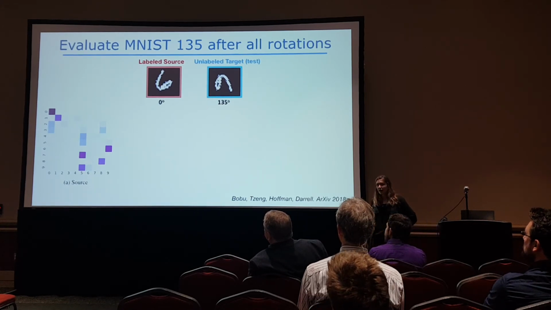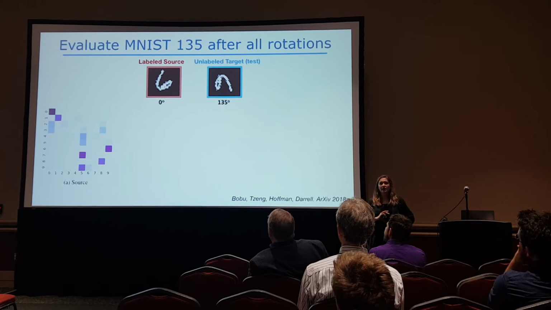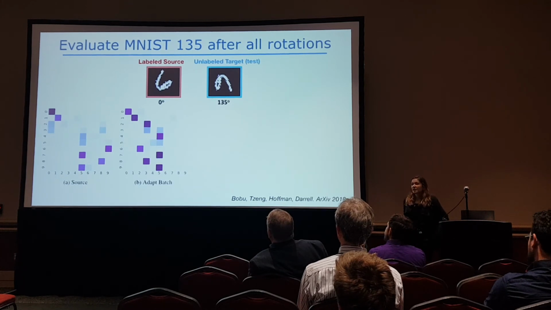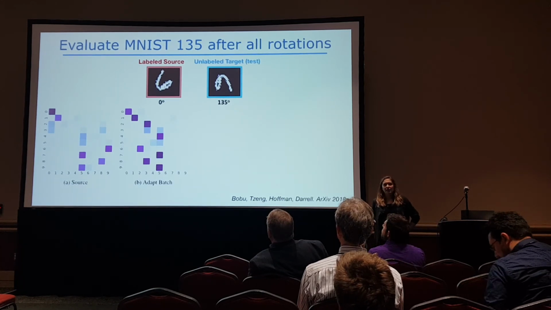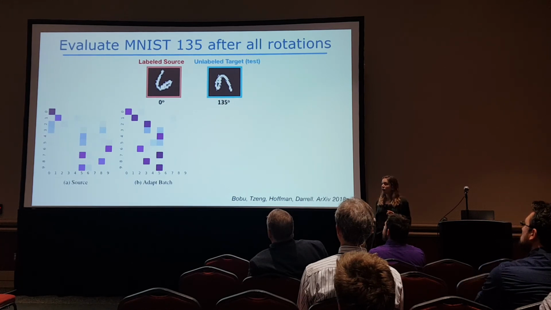Well, if we just take our model that was trained on 0 and evaluate on 135, we can look at this confusion matrix and find that it just does horribly at recognizing this shifted digit. And if we were to try adapting to all of the different rotations at once, you also perform fairly poorly, though improved over source alone.